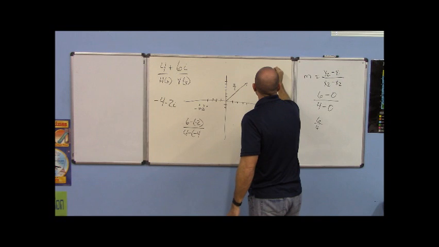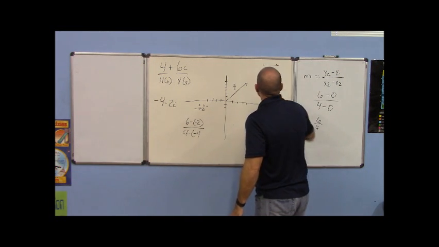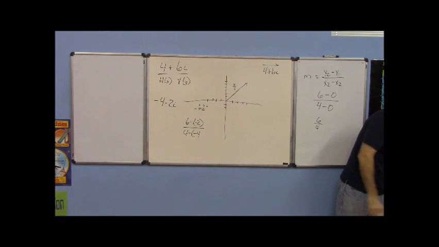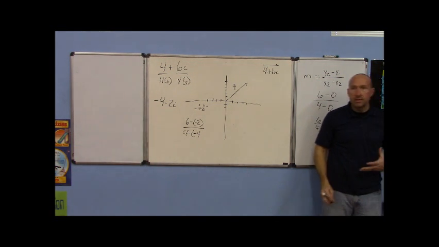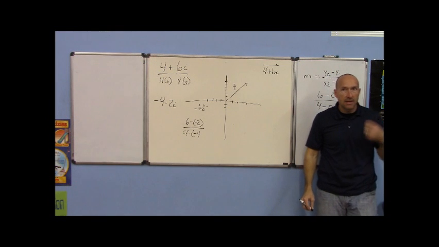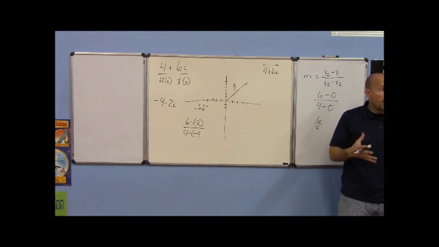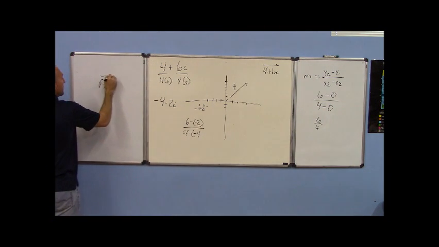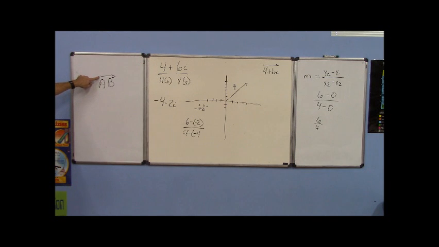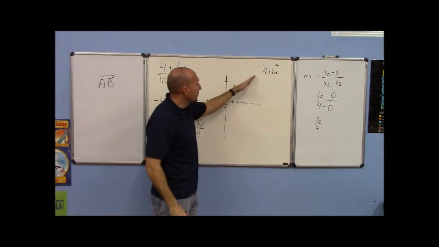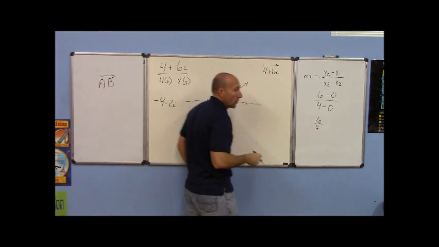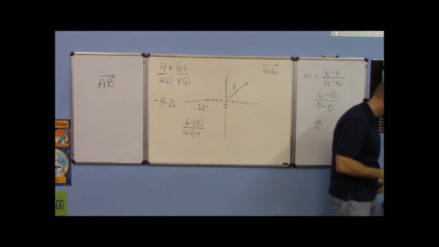So if 4 plus 6i as a vector, you would see this symbol, a half arrow up top. And you have 2 points on the vector. One is called the initial point, and that's the point at which it begins. Think of it as a ray. For those of you that have taken geometry, if you have ray AB, you have this. So you have a point that it begins at, and then you have what's called a terminal point. Even though it carries on, that terminal point is that coordinate point that it's going to.